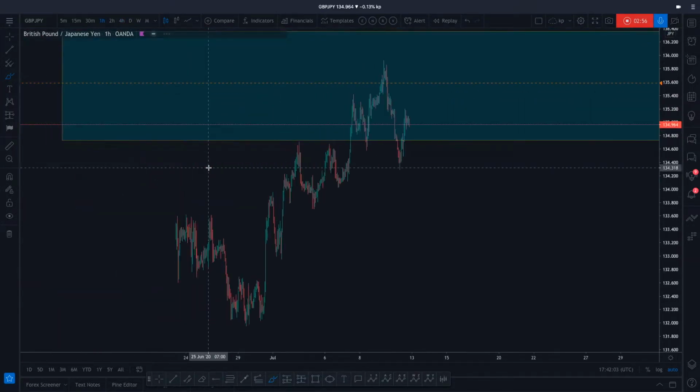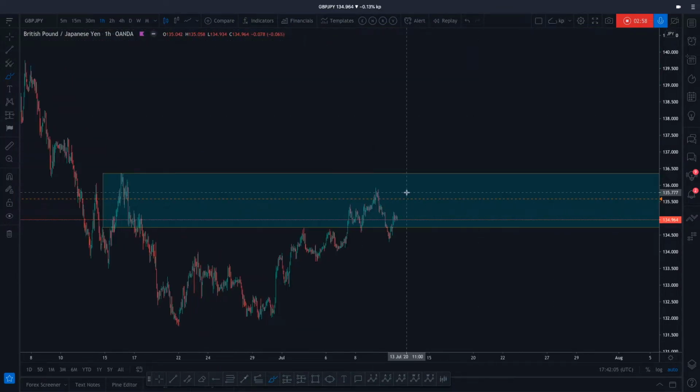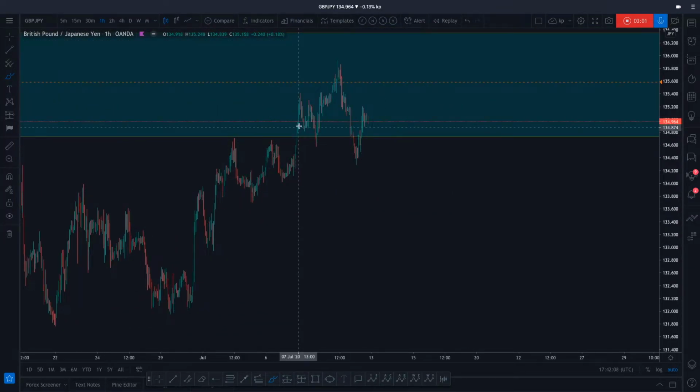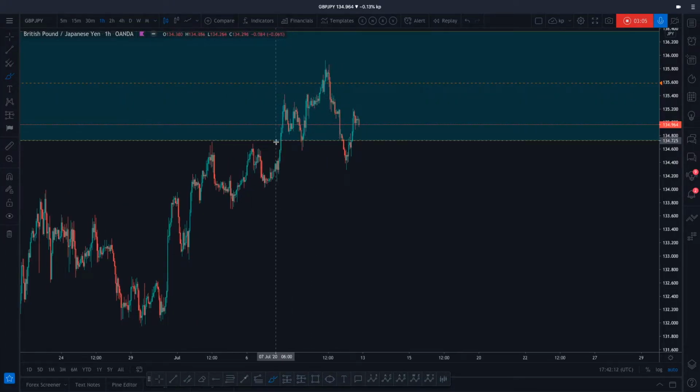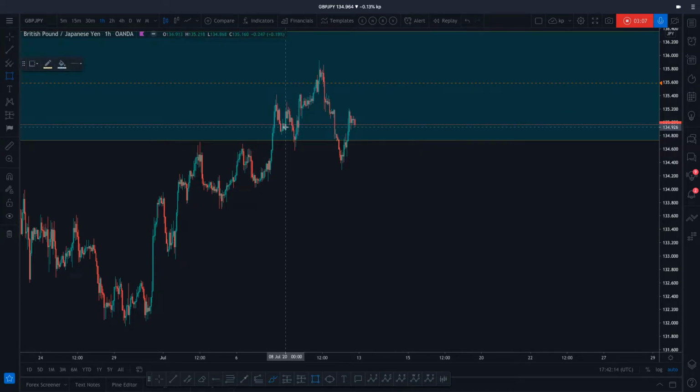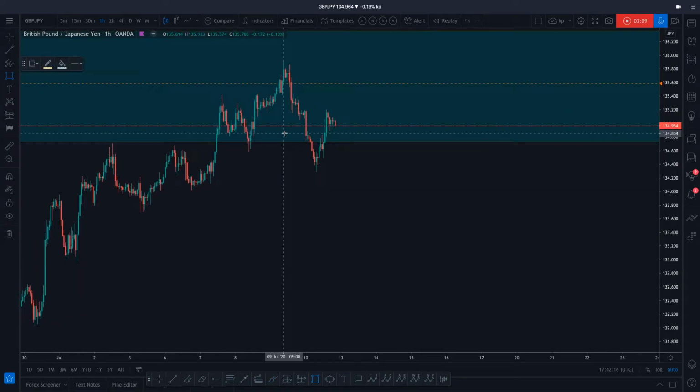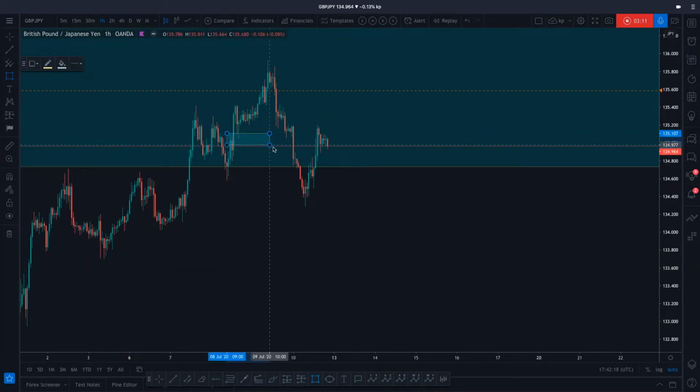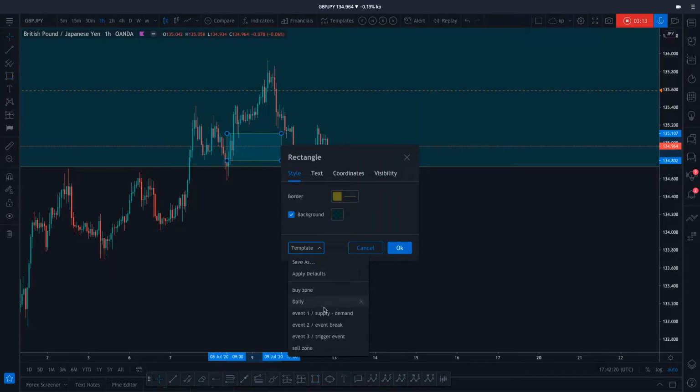For this I switch to the 1 hour chart, and I wait for the price to move into the zone, or at least touch it. Once it moves into the zone, I'm waiting for my event break areas.